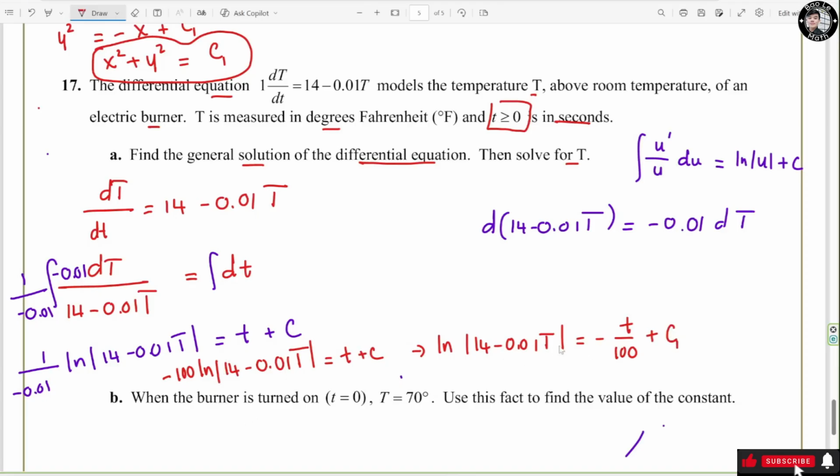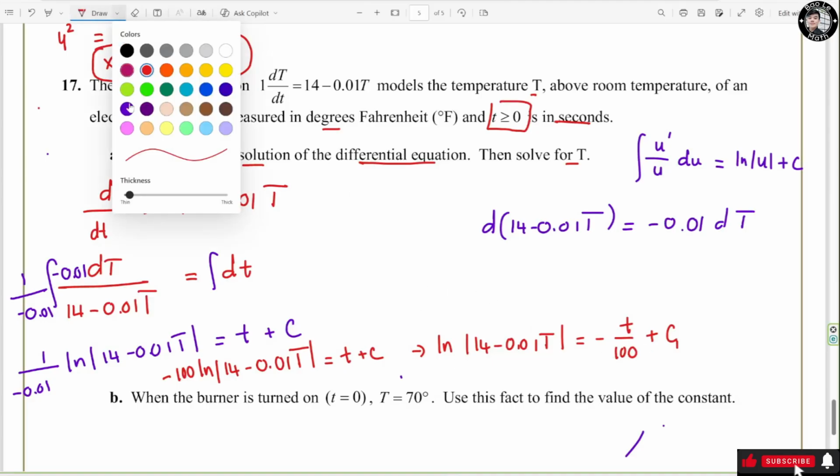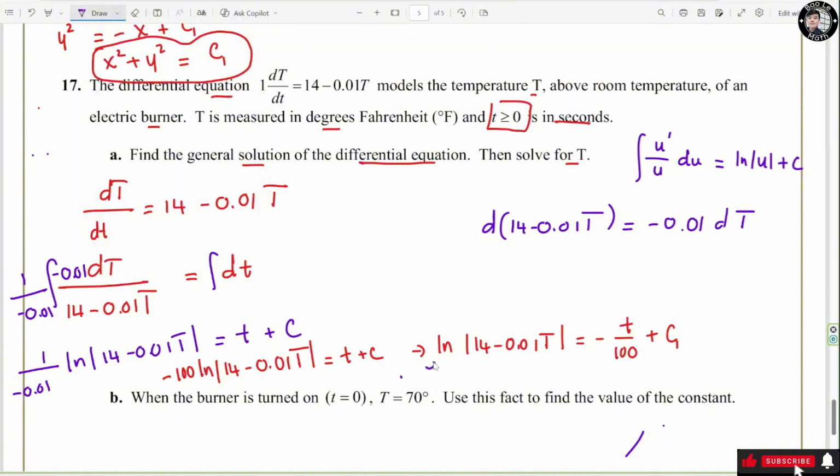Now to solve for capital T, I need to exponentiate both sides. So e to this one equals e to this one. So it's going to be absolute value of 14 minus 0.01 capital T equals e to the negative t over 100 times e to the c1.